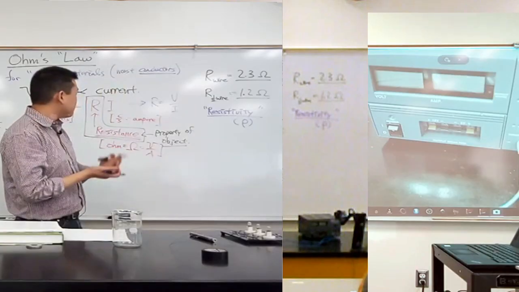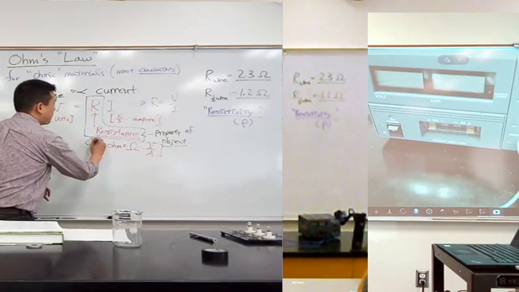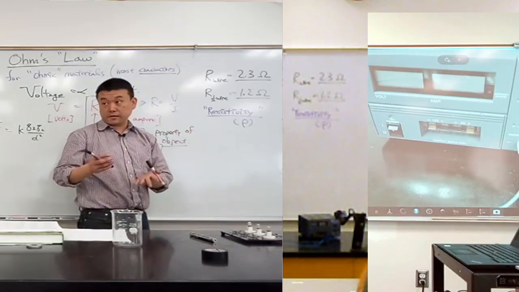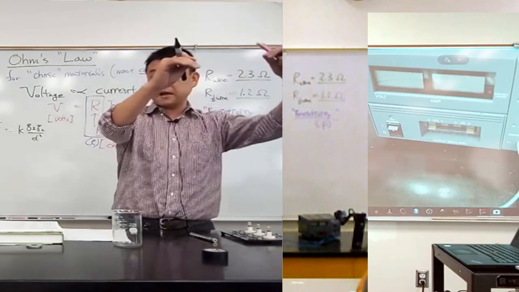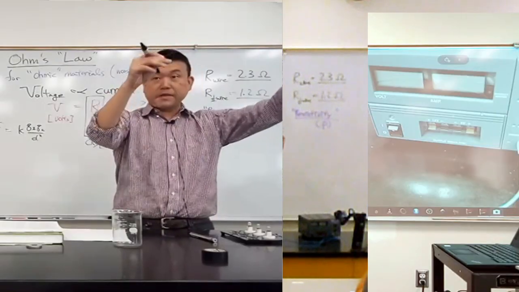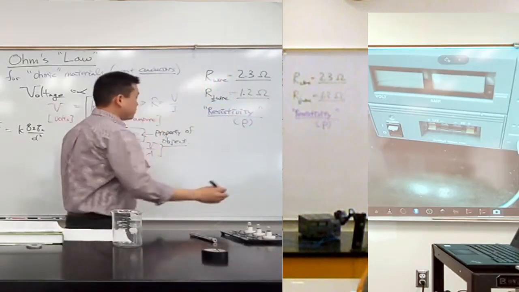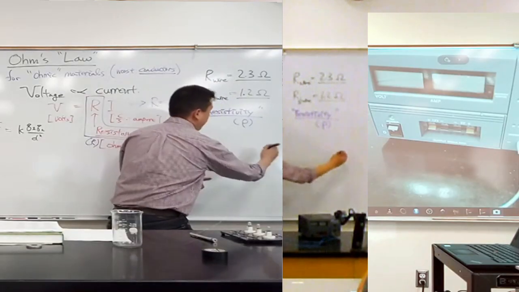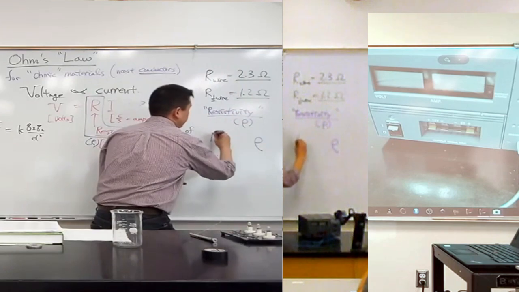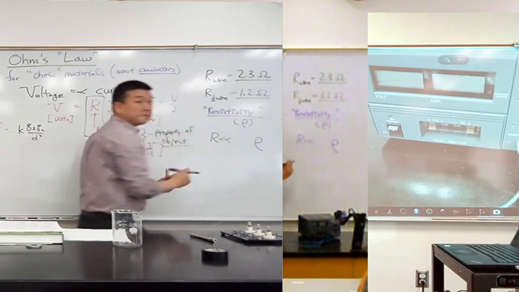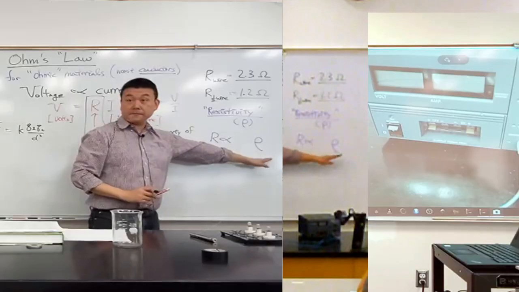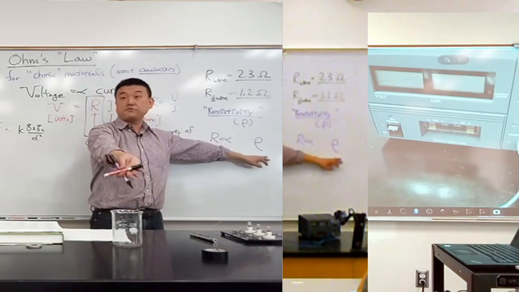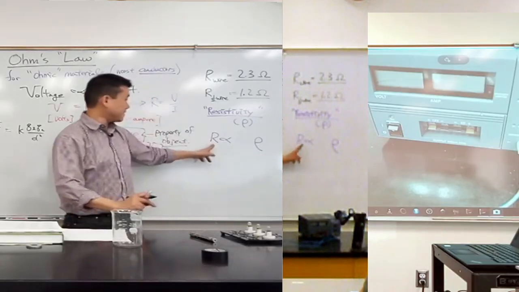So what I want to get at is some relationship between resistance R and resistivity rho. You guys already got at a part of it. This is the same material. Let's say we keep its material property constant. Then resistivity and resistance should be proportional, in the sense that all else being the same, if I use something that has higher resistivity than iron, then the resistance would go up.